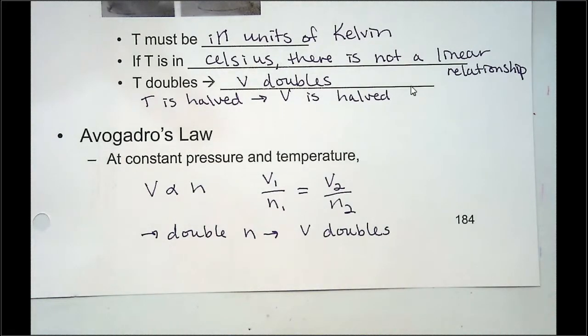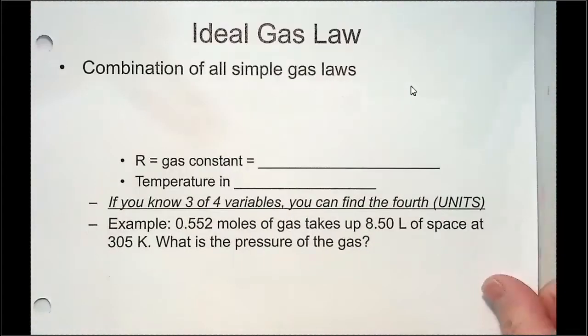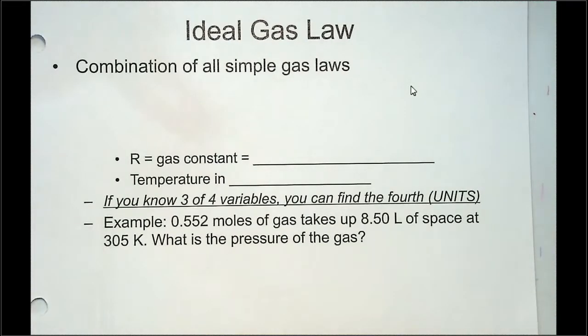It's not super useful to only think about these individual laws all the time. It would be more helpful if we could put them all together and have a mega law, or perhaps an ideal law. You've probably seen this before.